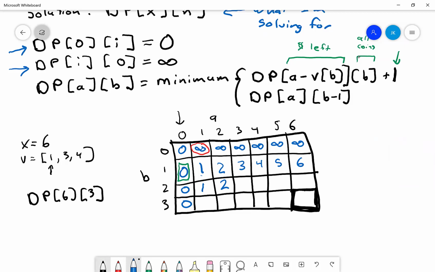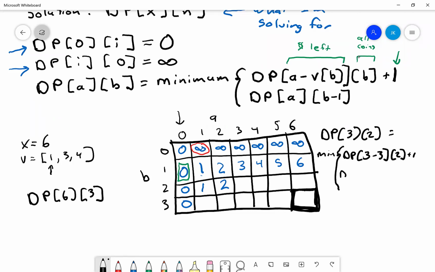So if we say dp of 3, 2, now what we want to do is calculate the minimum, and we've got two options here. We can either take the coin of value 3, so this is going to be, just to write it all out, the dp of 3 minus 3, 2, plus 1, or it's the dp of 3 using 1.